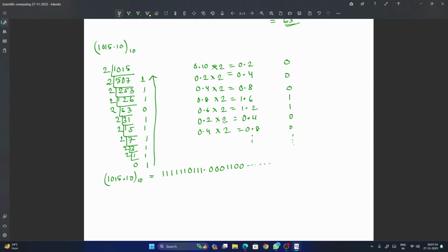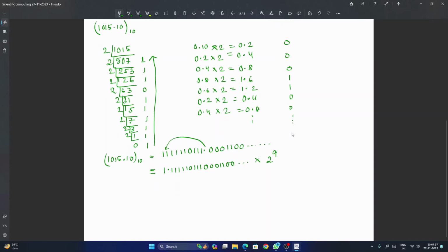So now you just have to make it normalized. So shift that point from here to here, 1 2 3 4 5 6 7 8 9 places, that means 1.111110111 0001100 into 2 to the power 9.